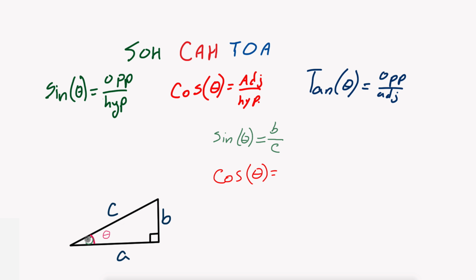So if you are this angle right here, and there are two sides that are adjacent to you or right next to you, that is the leg A and the hypotenuse C. Well, we have labeled hypotenuse right here and here, so that is not what we are looking for. This one would be A. Cosine of theta is the adjacent or next to you, A, divided by the hypotenuse, which is C.